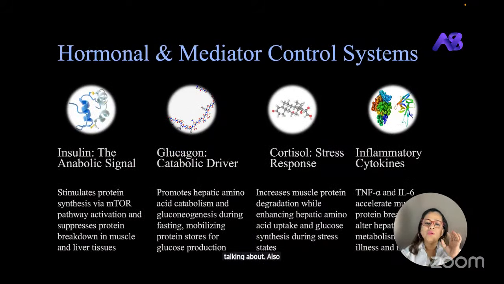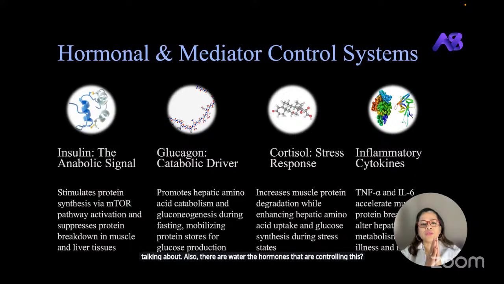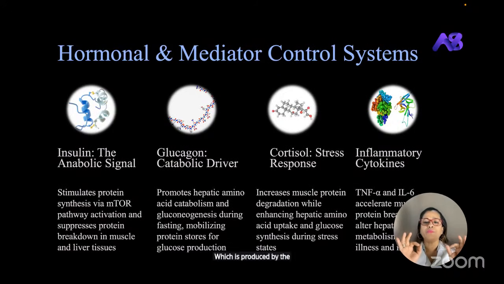Also, what are the hormones that are controlling this? The most important anabolic signal, which is produced by the beta cells, is insulin. The triggers are increased blood sugars because you have eaten food, amino acids, and incretin. So insulin is the body's storage and building hormone.